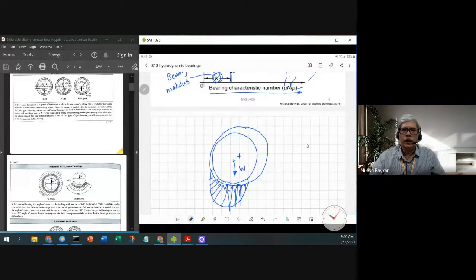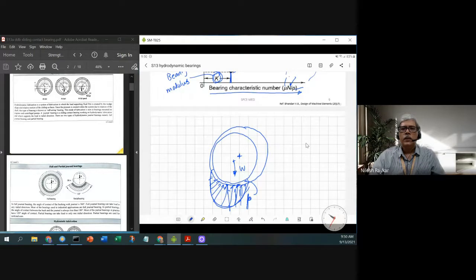So it is important that you establish what is the variation of this pressure which gets built up inside the oil wedge, and in order to determine that you need to understand how this particular bearing works, and that study was done by Reynolds in the same time, about maybe 2-3 years after the Petrov equation was developed.